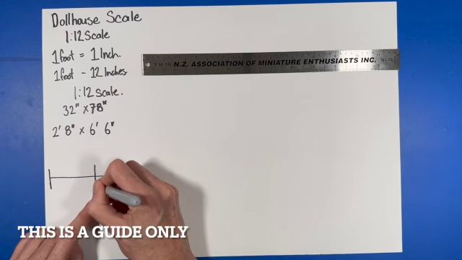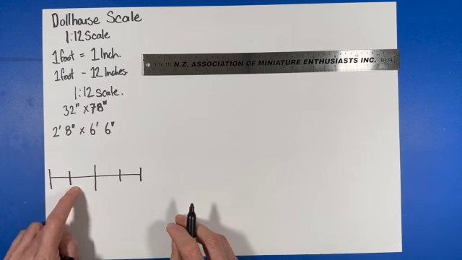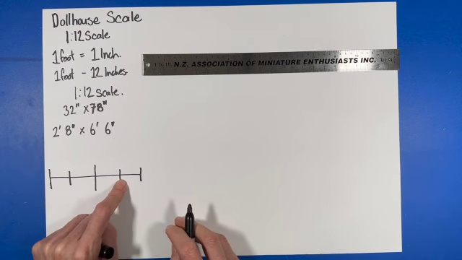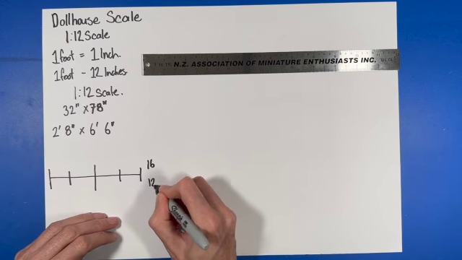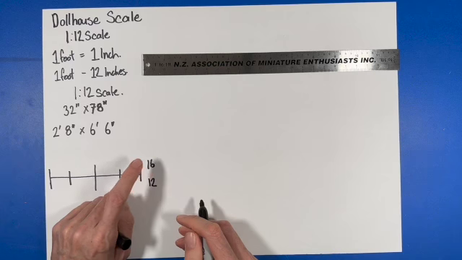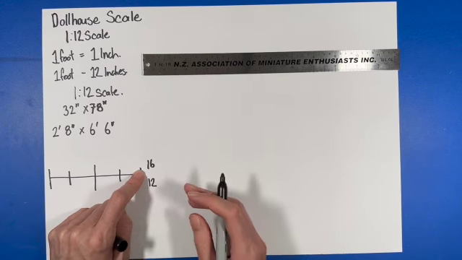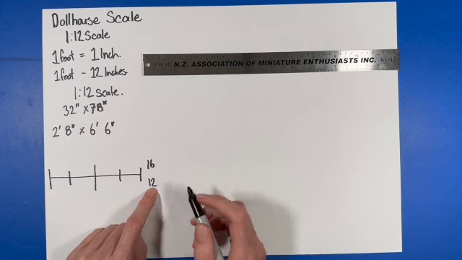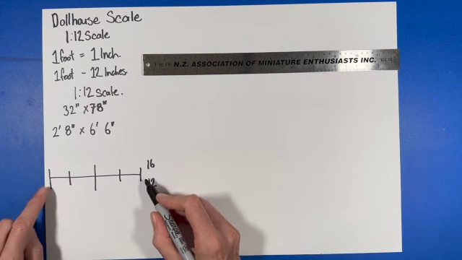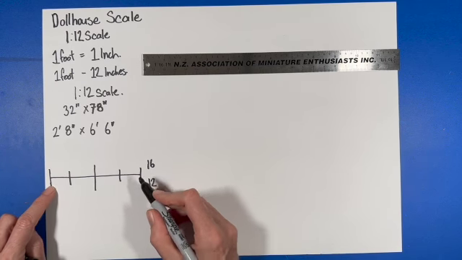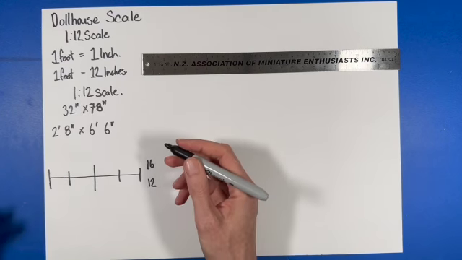Then I divide it in half, and then divide those halves again, because this gives me my half, quarter and 3/4, which are exactly the same regardless of whether it's 16 or 12 that you're dividing it into. So 16 is the fraction measurements for dividing an inch, and 12 is the dollhouse scale that we need to use in order to go from 1 foot down to inches within a foot. It'll make more sense, hopefully, in a minute.